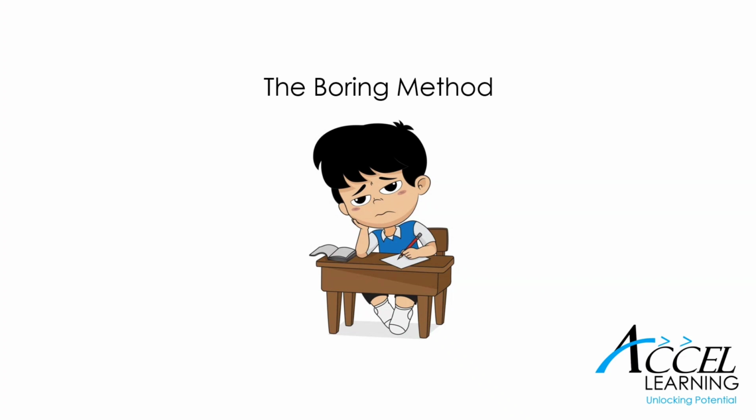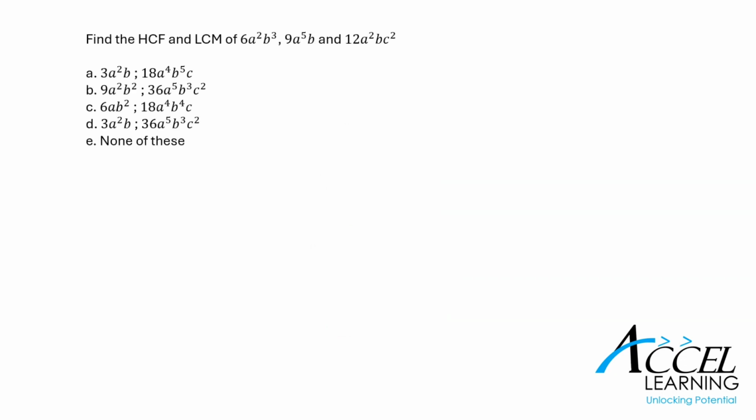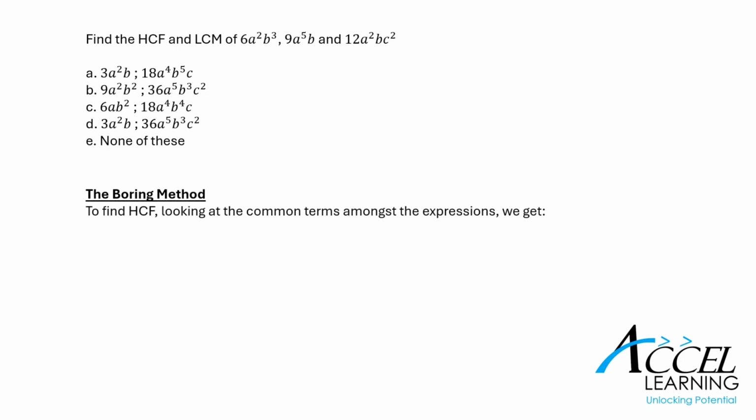Here's the same question. Pause the video now to see if you want to solve it first before we do. So, the standard method. To find the highest common factor, looking at the common terms among the expressions, we get 3a squared b as the highest common factor.